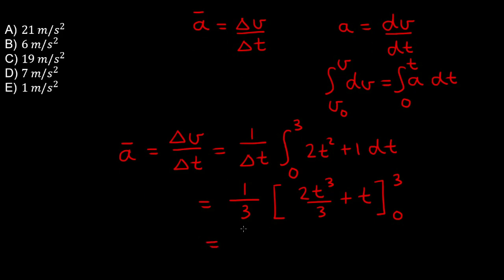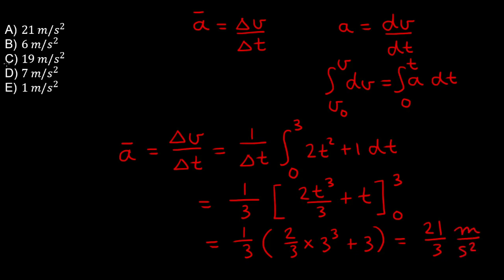So therefore, we have 1/3 by 2/3 by 3 cubed plus 3. So we have 2 9s are 18 plus 3 is 21 on 3 gives 7 meters per second squared. So the correct answer is D.